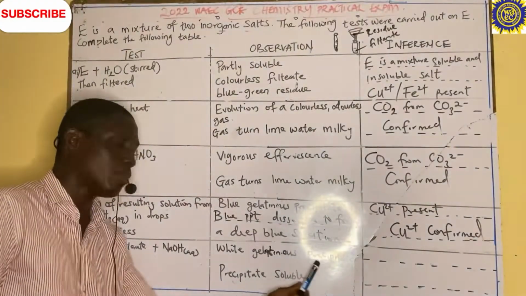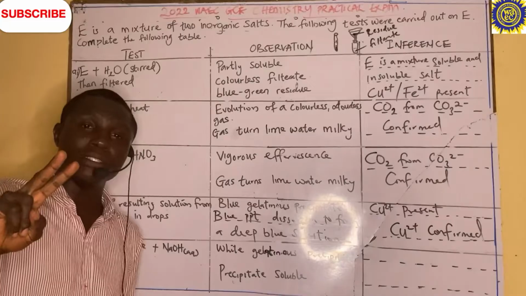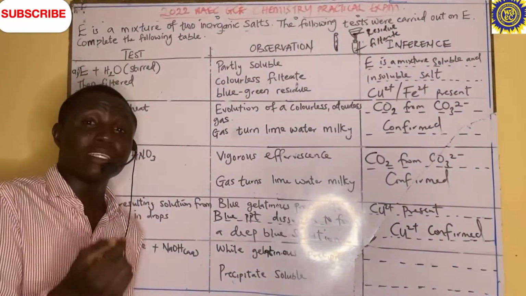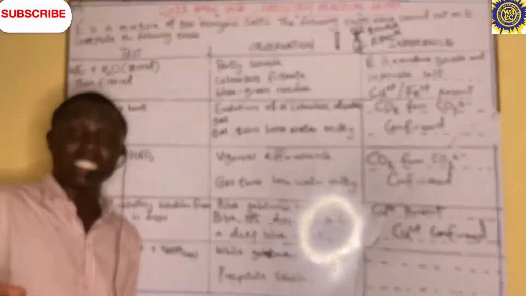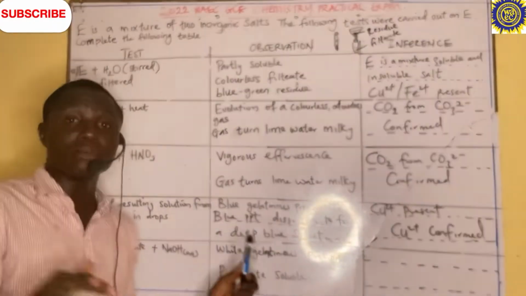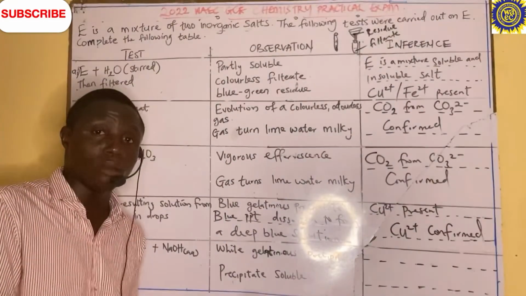So why gelatinous precipitate? Now there are two ions that can be gelatinous in nature. We have zinc ion and aluminum ion. These are the two likely cations that have the characteristics of white gelatinous precipitate. Also sometimes we can have Pb, so some people might include Pb, you will not be penalized for it.